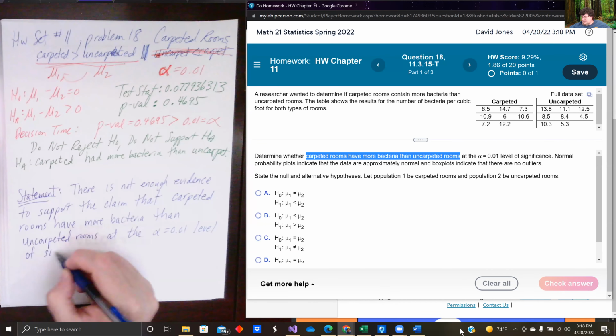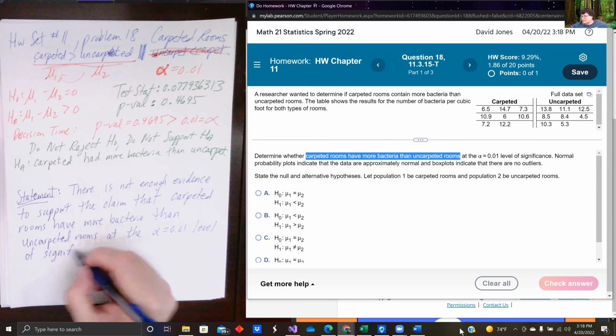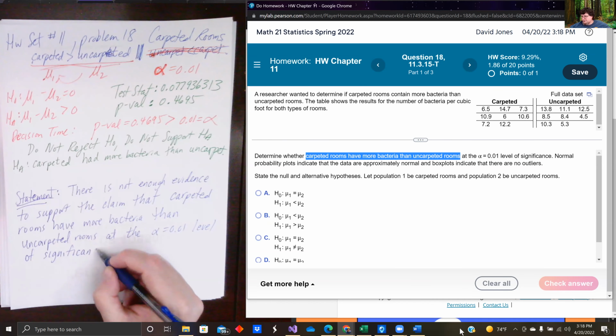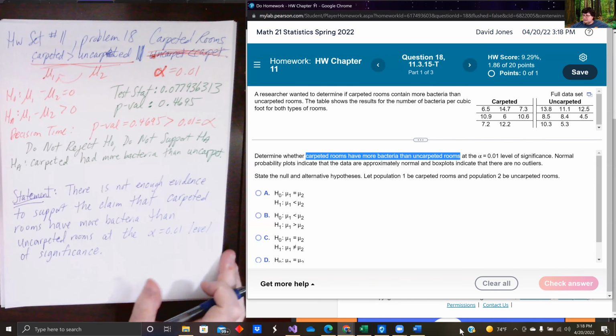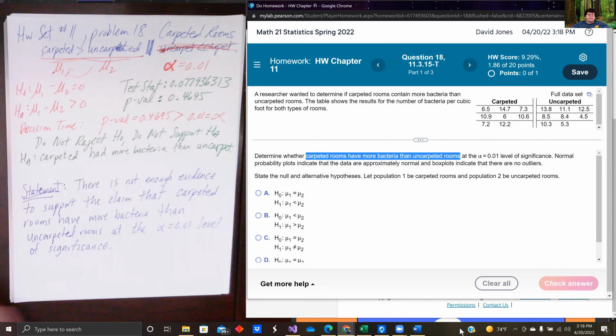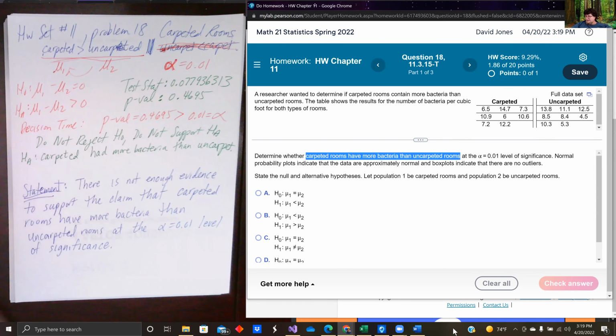They like to add that. There's uses to adding it. It lets the reader know, like if this is in a research magazine, a published magazine, how strict you are on not wanting to make a type 1 error. How much you did not want to convict the innocent.